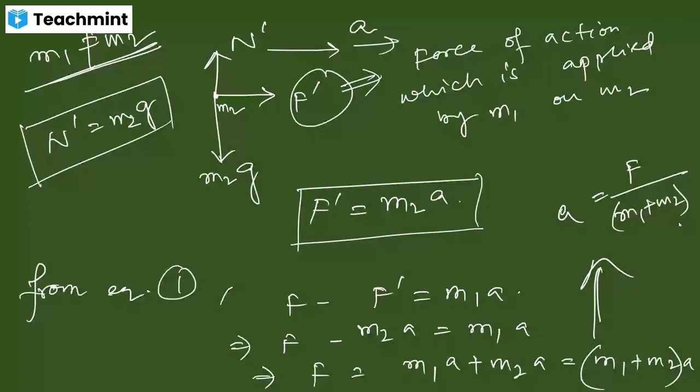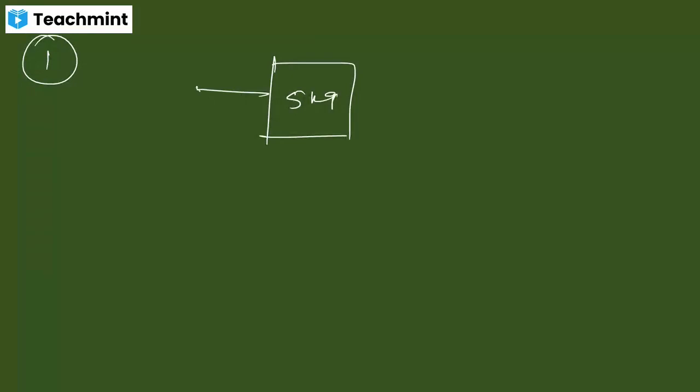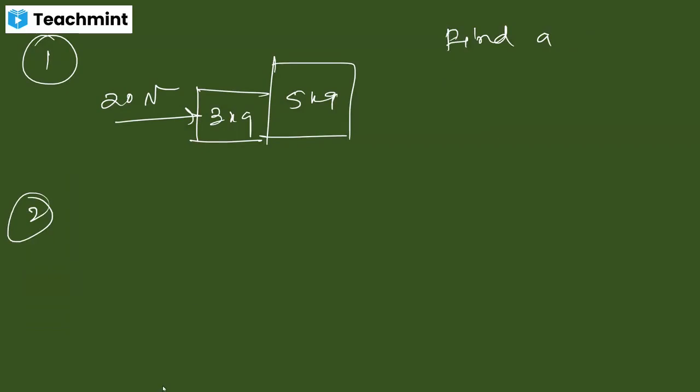Okay. So at this point we are ending this class, but I have a question for you. One small question, okay? You just have to write it down. This is an object having a mass of 5 kg. This is an object having a mass of 3 kg. I am applying a force of 20 Newton. You have to find the acceleration. Second question.